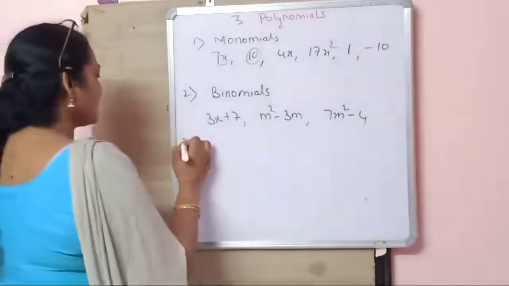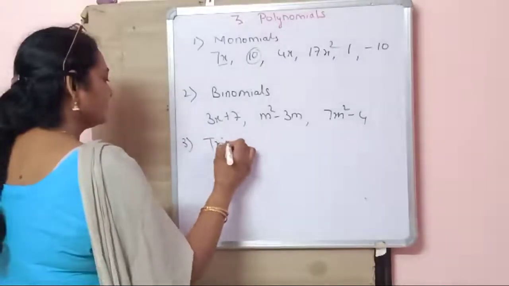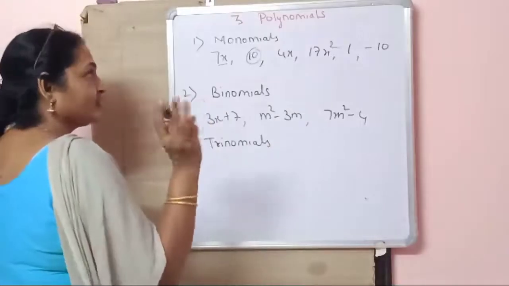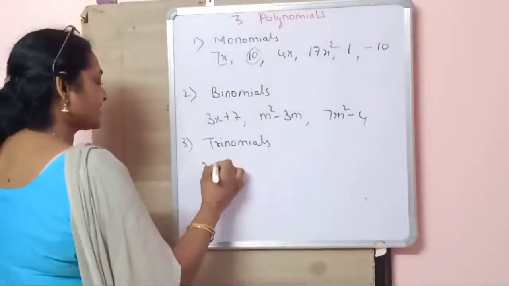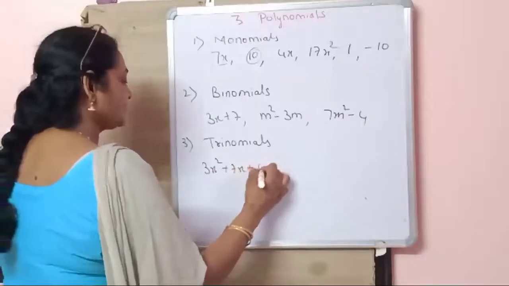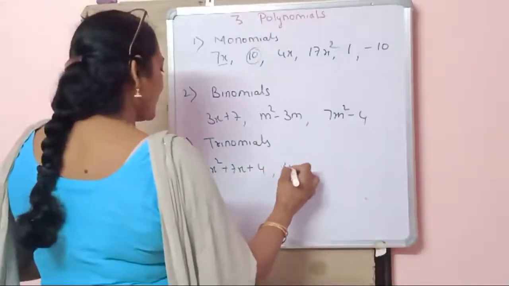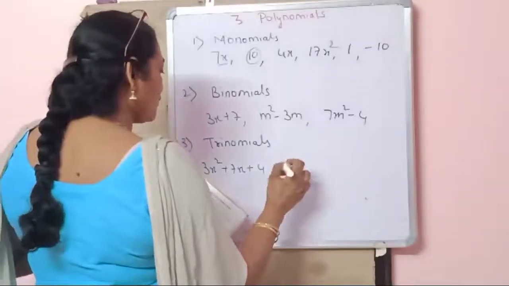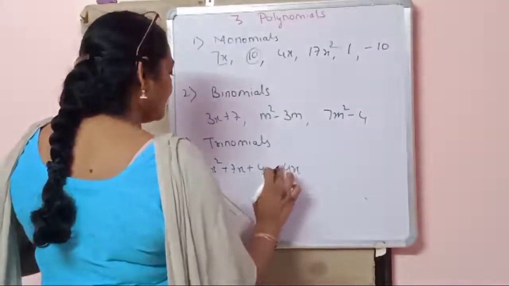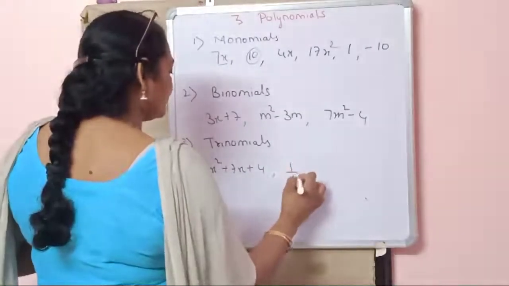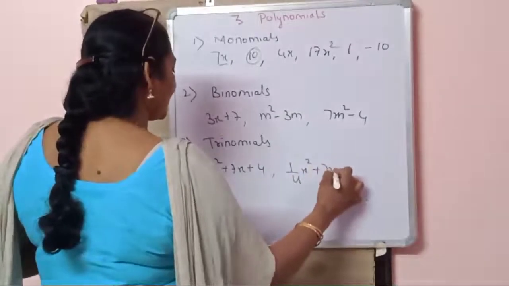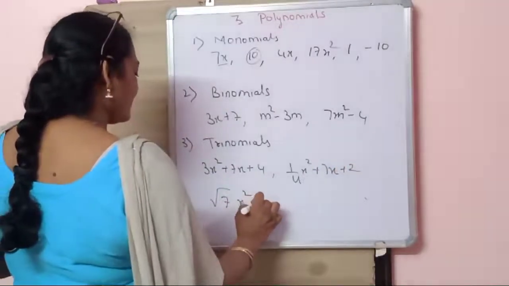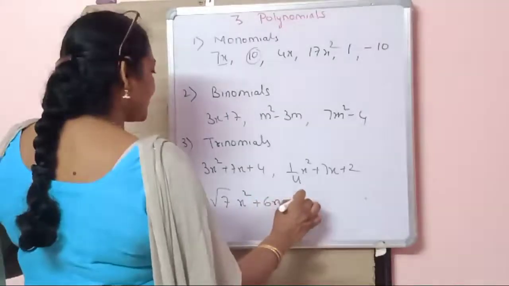Then the third one is trinomials. Now what are trinomials? If there are three terms. For example, 3x square plus 7x plus 4, then 4x square root of 1 upon 4 x square plus 7x plus 2, then root 7 x square plus 6x plus 3.